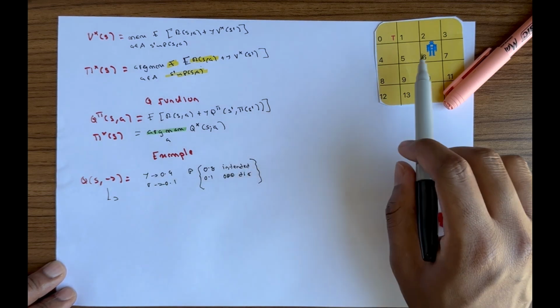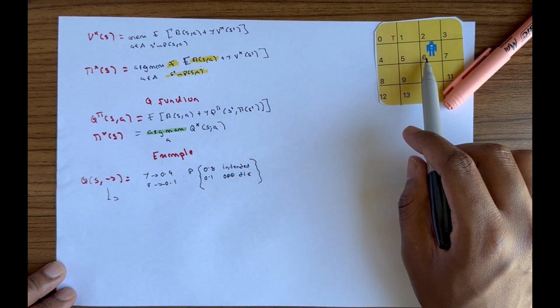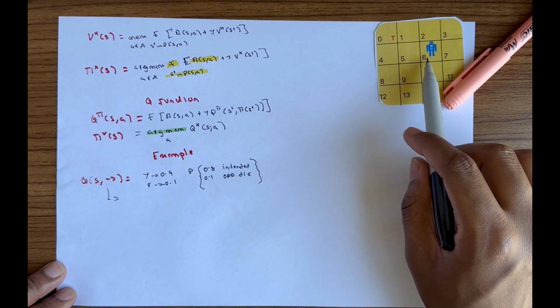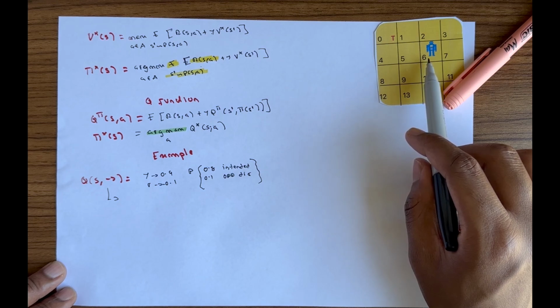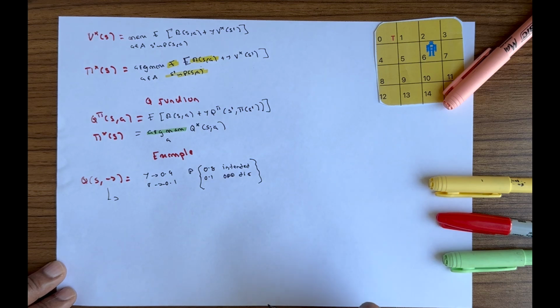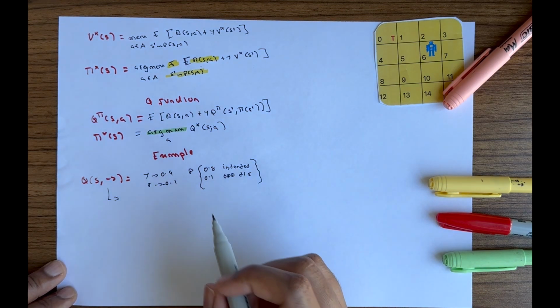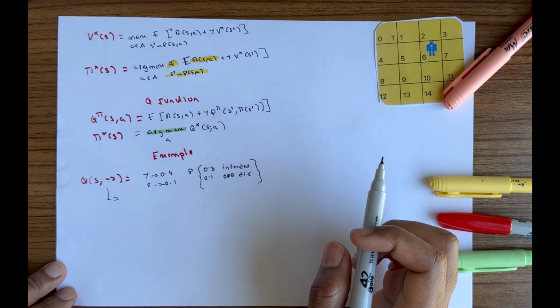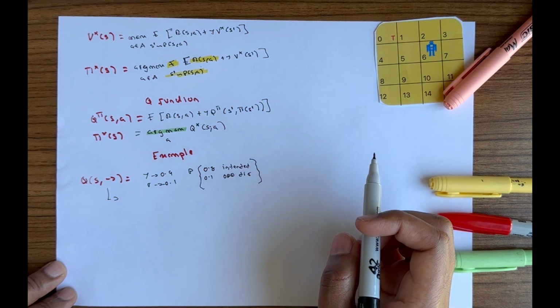So for example here, if the agent from state 5 decides to go to state 6, the intention is state 6, and that will have a probability of 0.8, and state 1 and state 9, the opposite directions, are 0.1, 0.1. The summation is 1. Okay, so we have a stochastic environment.